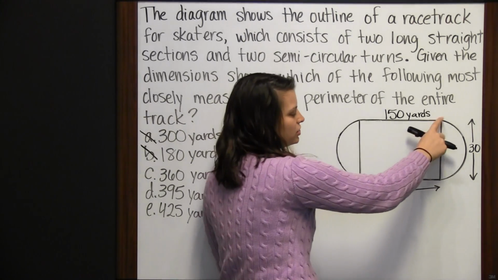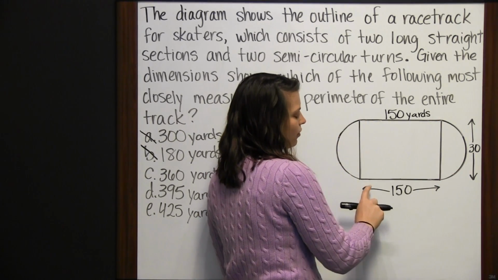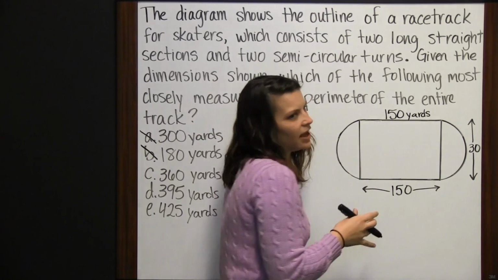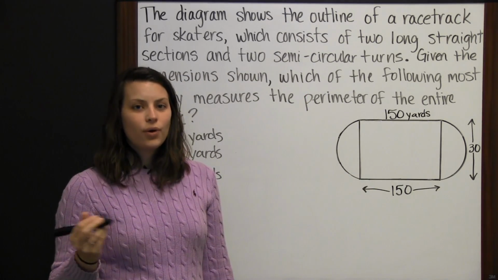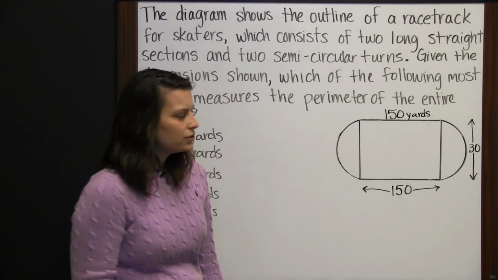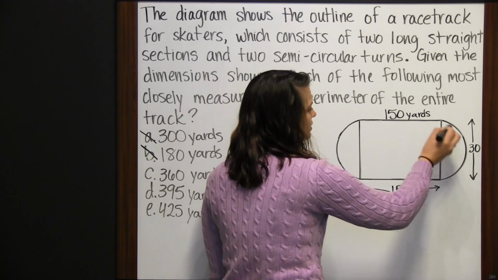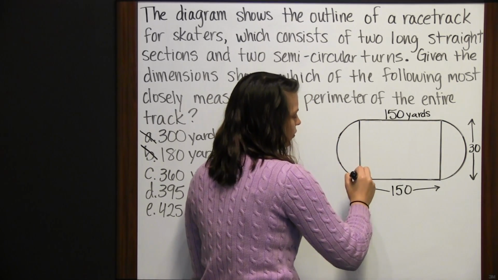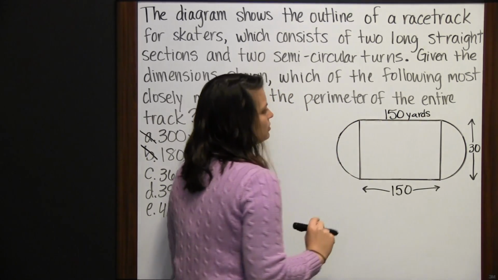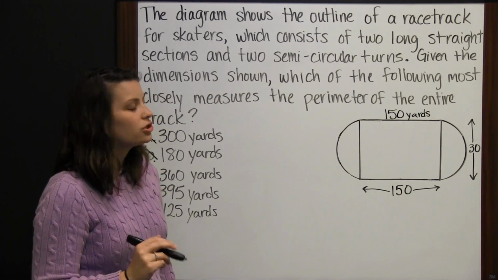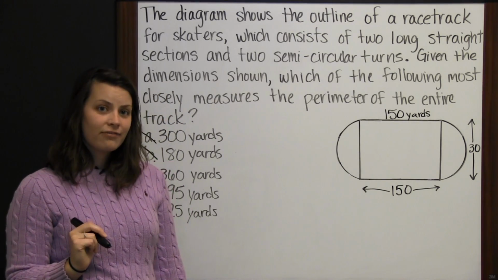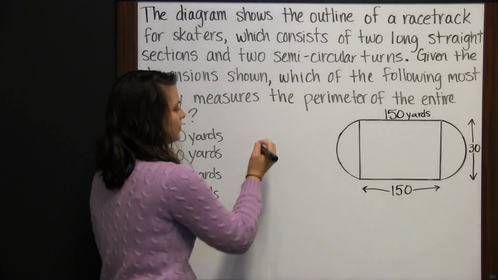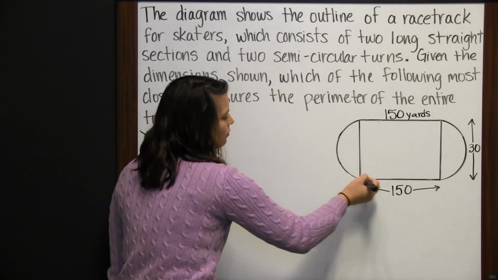So if you take these two halves of a circle and you put them together, you get one whole circle. So really they're traveling the distance of one whole circle in addition to these straight sides here, which means we need to find the circumference of our circle to find the distance around the circle.